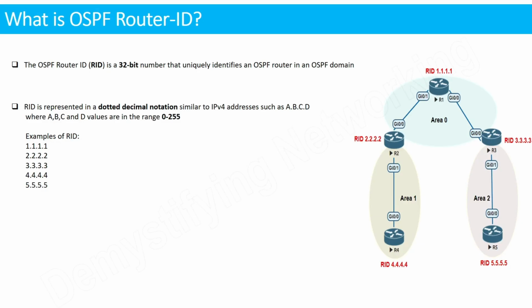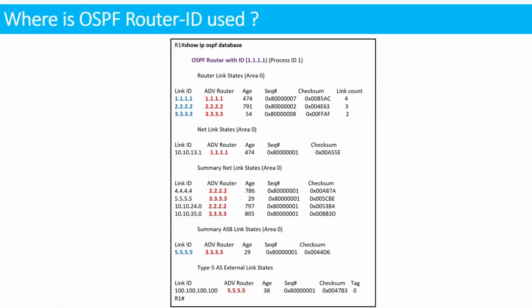You can see examples of router ID in the sample topology. An important point to remember about the OSPF router ID is, even though it looks like an IPv4 address, it is not an IPv4 address. It is an identifier. Now let's see where OSPF router ID is used.